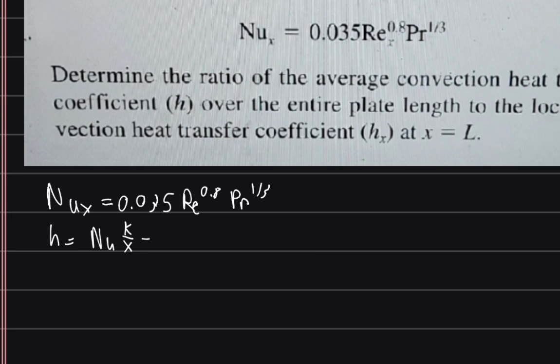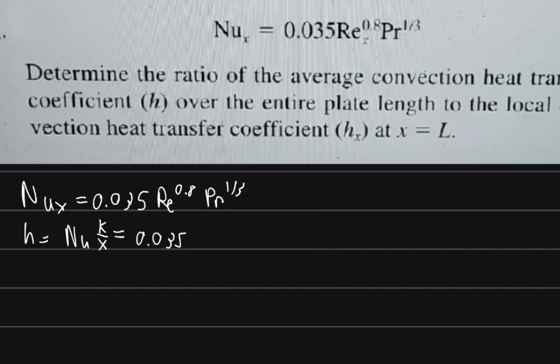Well, we have, for this example, an experimental approximation for Nusselt number, so we're going to use that: 0.035 times the Reynolds number to the 0.8 times the Prandtl number to the 1/3, and then times k over x.